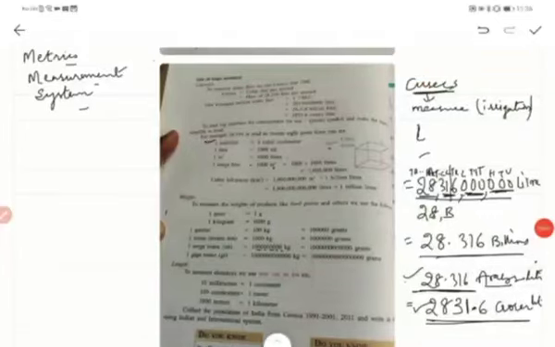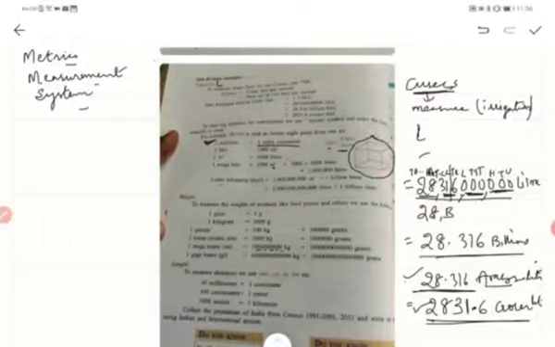1 milliliter is equal to 1 cc, that is cubic centimeter. So what does liter mean? The capacity measurement, it is liter, isn't it? So the capacity of the cuboid, we take this as cubic meter.